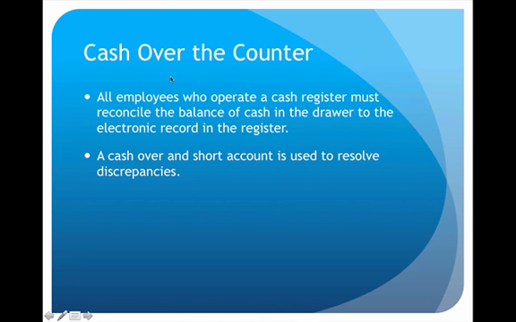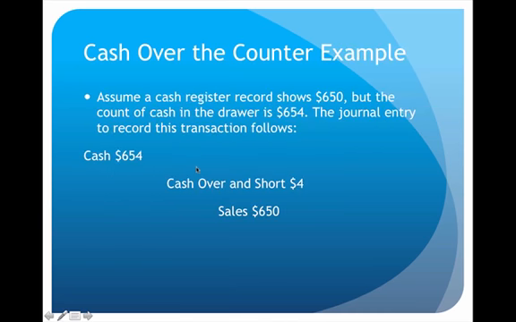At the end of the day or at the end of a shift, we want to take a look at that record and actually compare that to the actual amount of cash that is there to make sure that everything balances out. And if it doesn't, we might have to have a new account called cash over and short, and we could use that account to resolve any discrepancies that there might be.